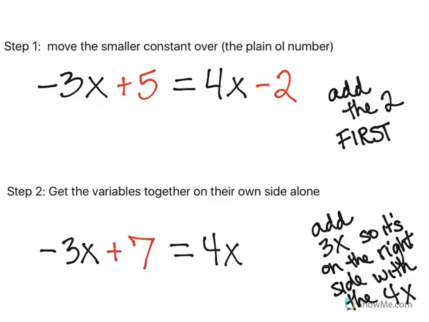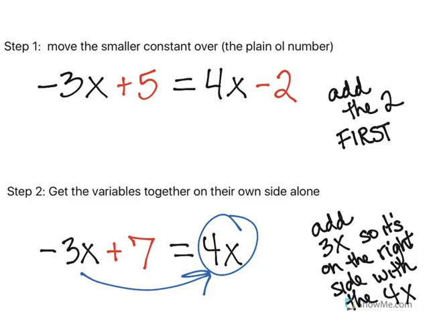My second step is to get the variables together. The first thing we're going to do is get the constants together, just like we did yesterday, the plain old numbers together. The second thing we're going to do is get the variables together. Right now I am noticing that this 4x is alone, and if I moved this 3x over, then I would have the x's on the same side. You obviously want to get your variables together.